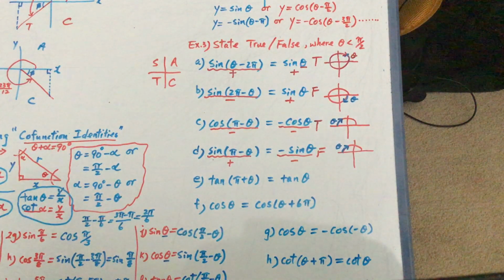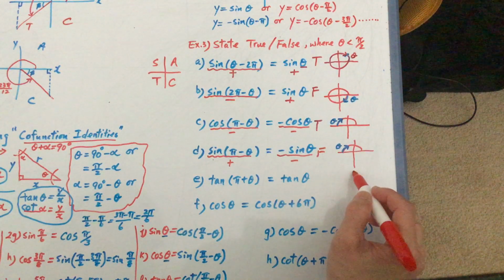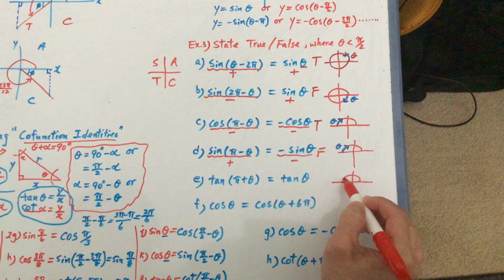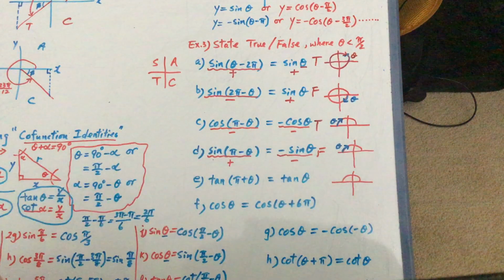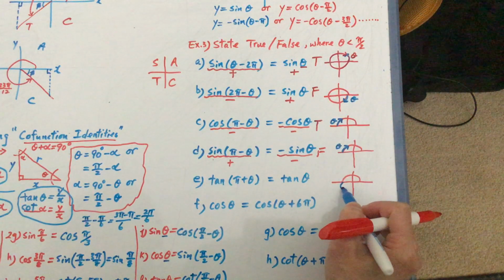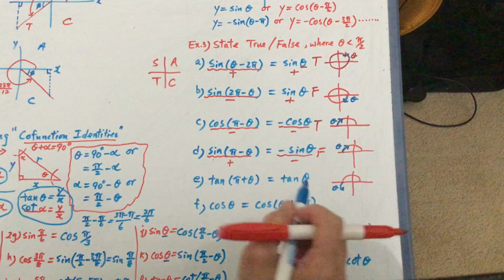Now, for E, tangent of pi plus theta. So pi again, positive, go into here. Plus theta, that means continue moving in the positive direction. So I will have ended up in quadrant 3.